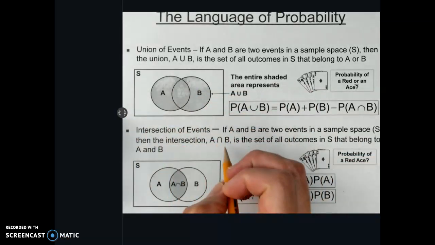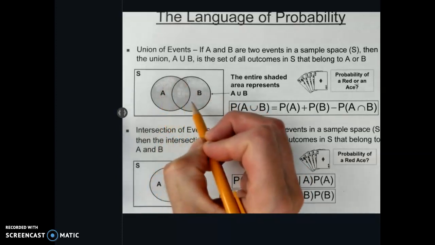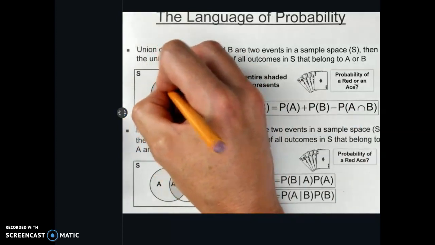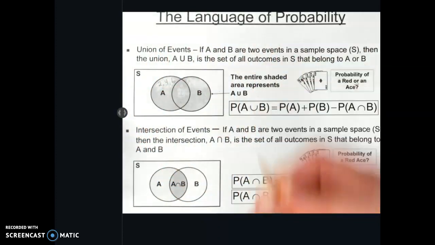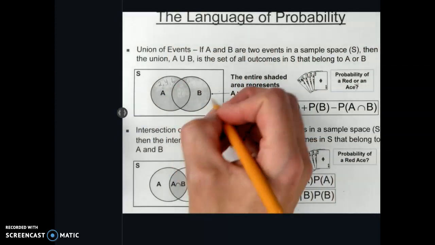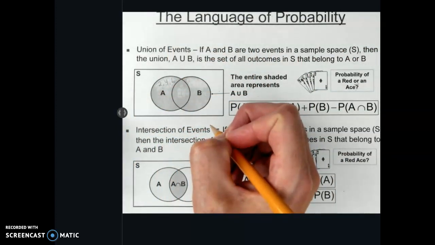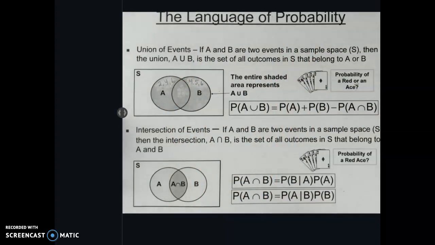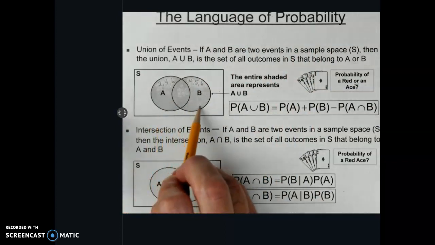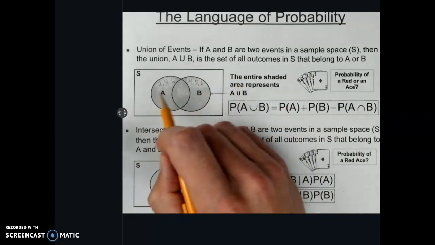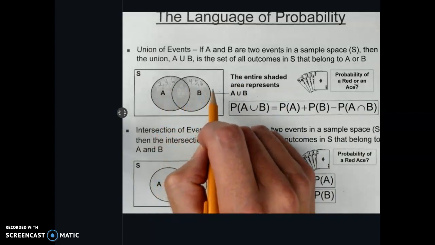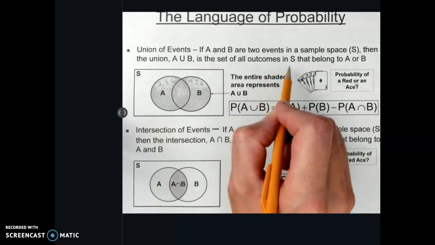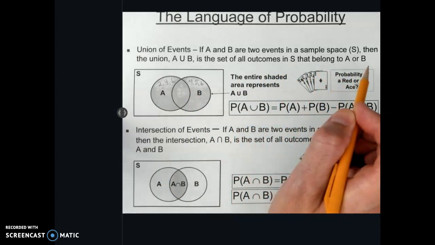If we define event A as 2, 4, or 6, an even number on the roll of a die, and we define event B as a number greater than 3, 4, 5, or 6, then the union of A, B becomes 2, 4, 5, 6, because those are the outcomes in the sample space that belong to A or B.